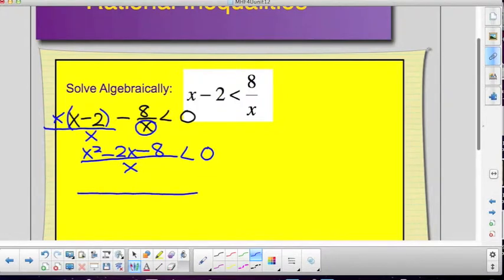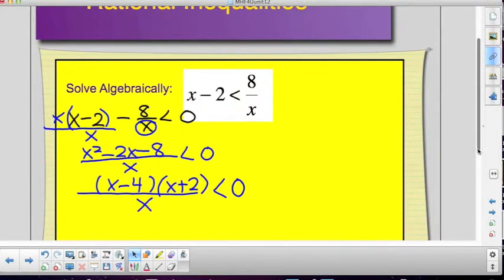Yes, factor the top, because we have to remember that the x in the denominator is still part of it. So you want to factor the quadratic equation. It's not always going to be in the numerator. Sometimes it'll be in the denominator as well. So I know that x minus 4 and x plus 2 is the proper way of factoring my numerator over x is less than 0.